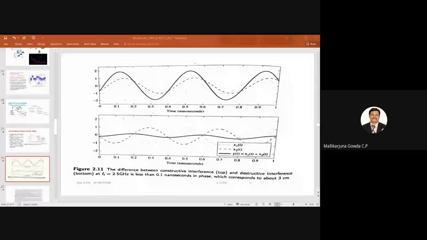In that case, the received signal amplitude will be less. So, due to reflection, the received signal amplitude varies, right? It may be more or it may be less. That depends on the phase difference between the arrival of those signals, right? Hope you got my point?